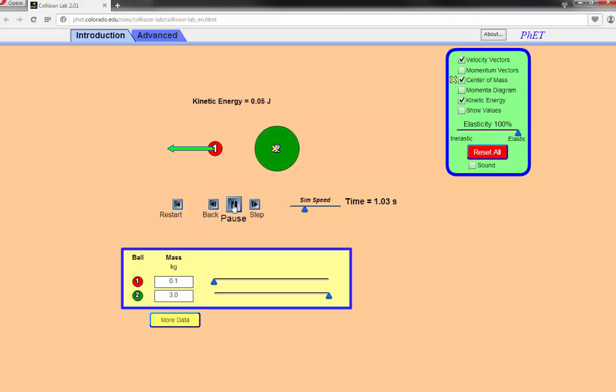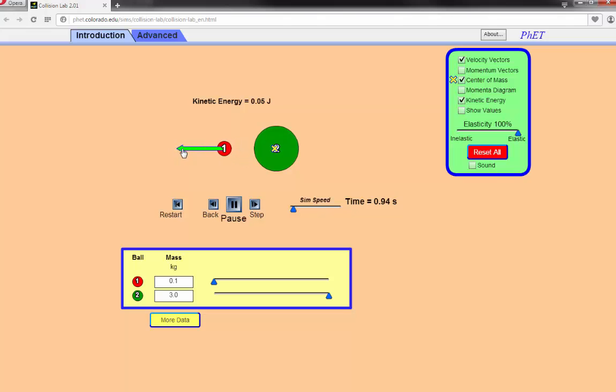Here comes the little guy, hits the big one, it bounces off, the big one's barely moving, and notice what happened here to the velocity vector of the little one. Let's slow the simulation speed down even more. Okay, that's a little too much. All right, so let's see how long this guy is.